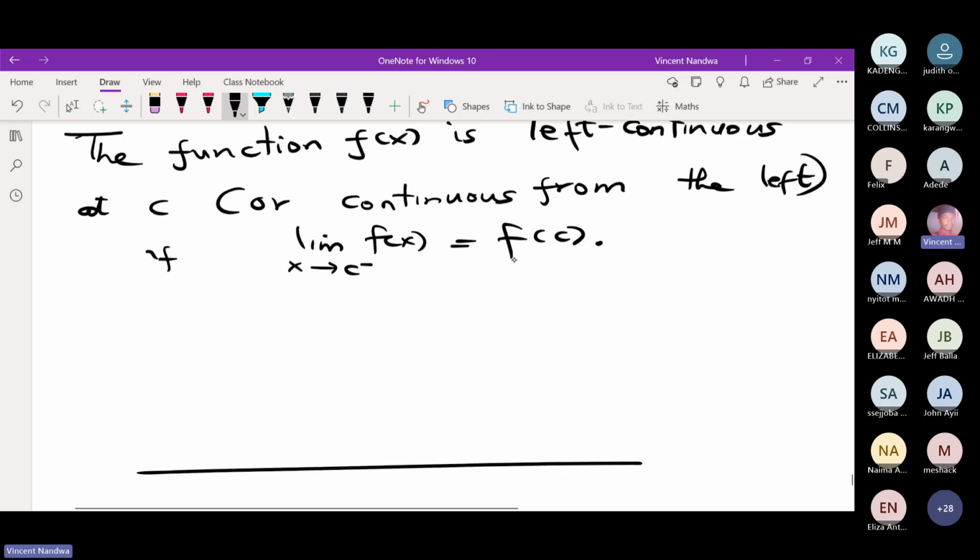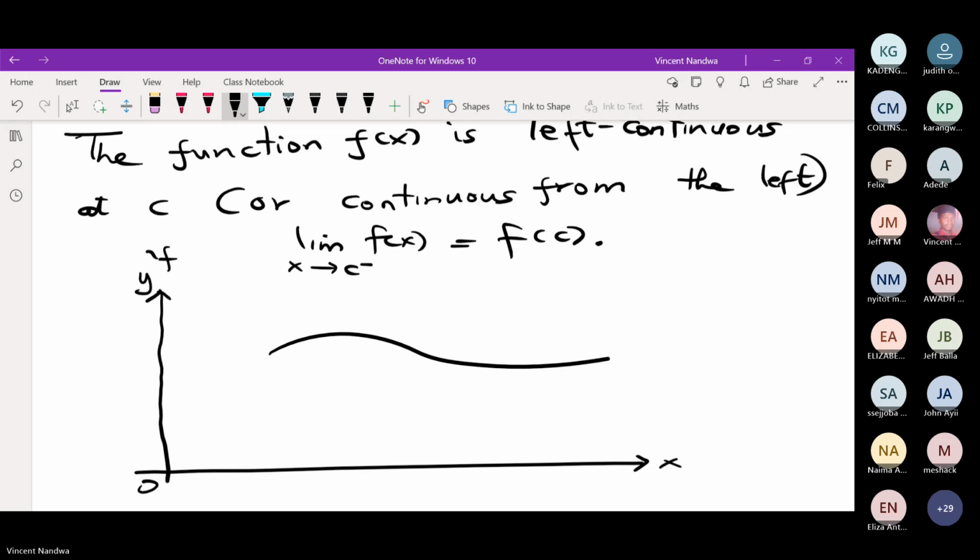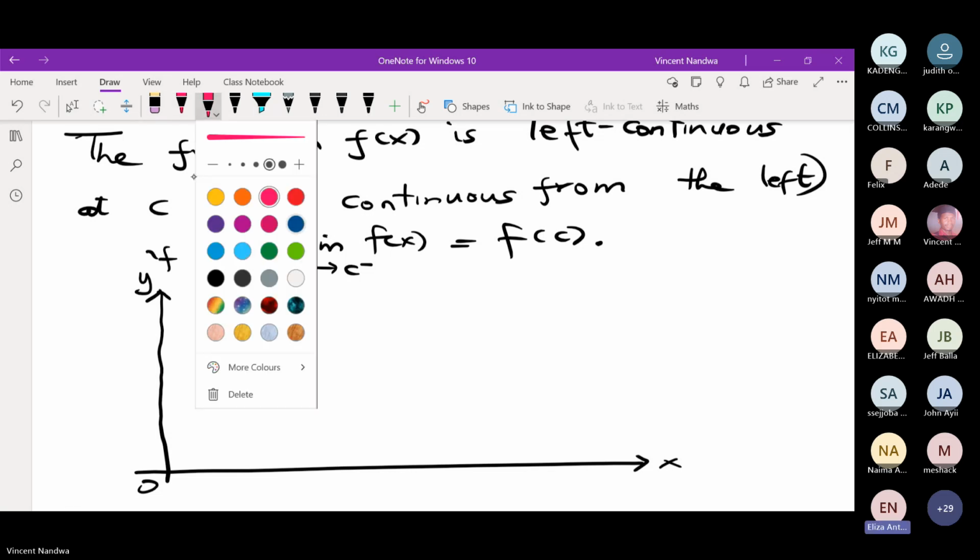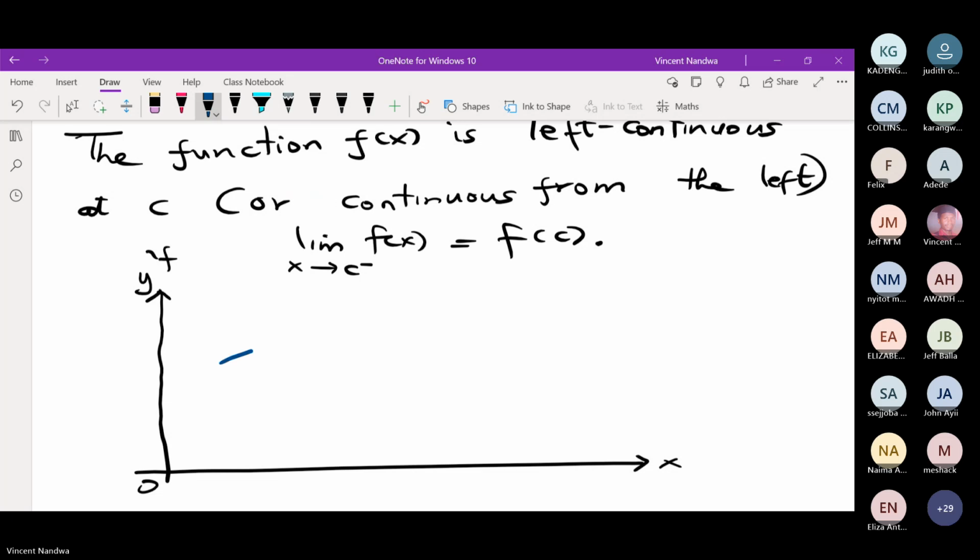So if I have this as my x-axis, and say this is my y-axis, let this be point B. Let this be point A. And let's have a point C given at this point.